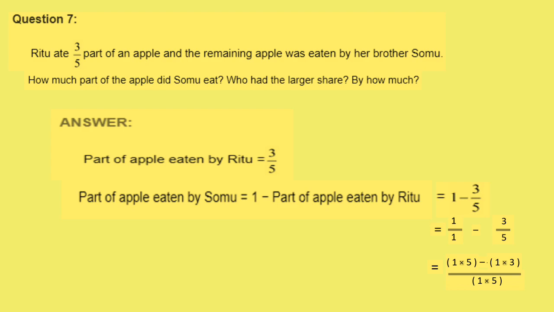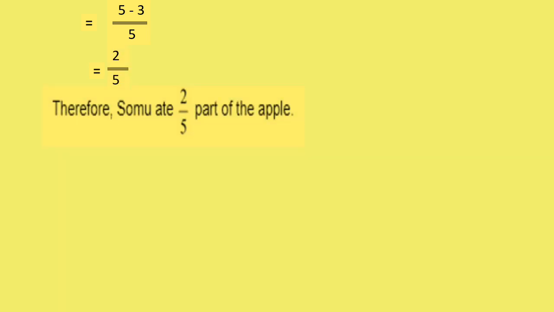So 1 5s are 5, minus 1 3s are 3, by 1 5s are 5. So what will come? 5 minus 3 by 5. So 5 minus 3 is 2, 2/5. Therefore, Somu ate 2/5 part of the apple.